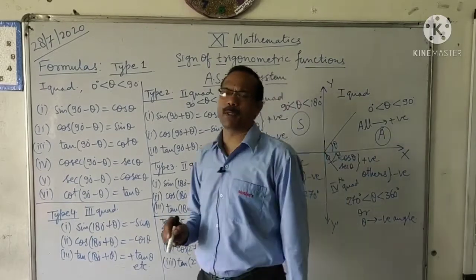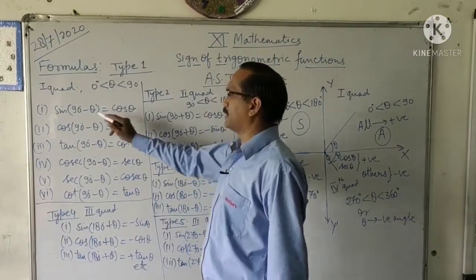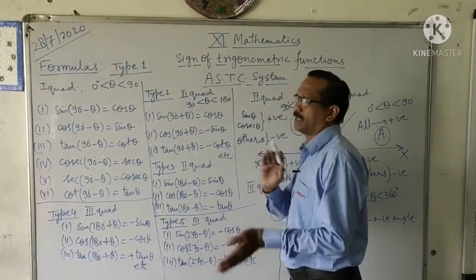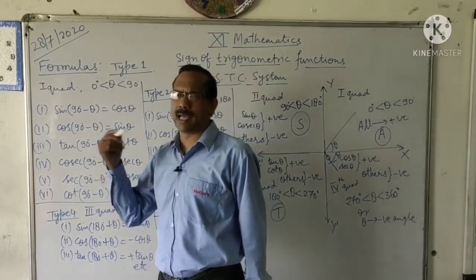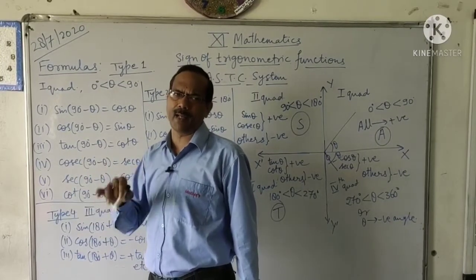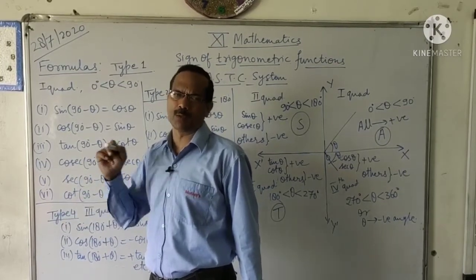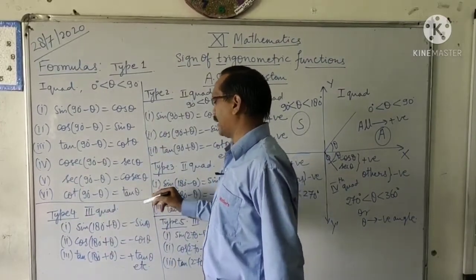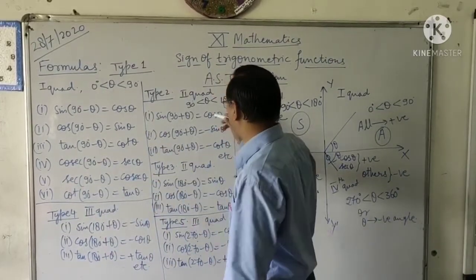Students, one important thing is this: whenever there is 90 degrees or 270 degrees, there is a complementary change. Means sin converts into cos, cos into sin, tan into cot, cosec into sec, sec into cosec, and cot into tan. So these are the changes you will see here.